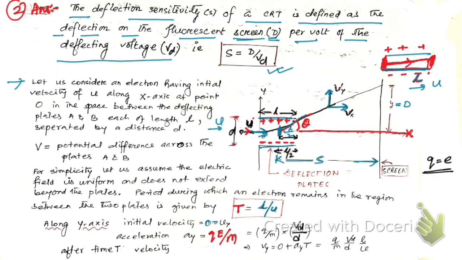Here, E is the electric field, and m is the mass of the electron.